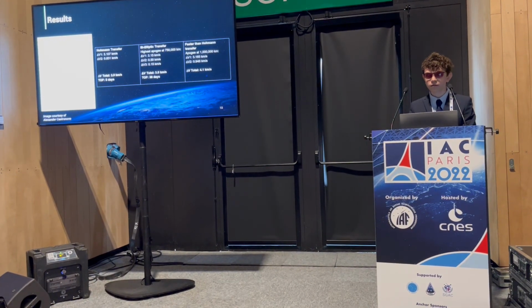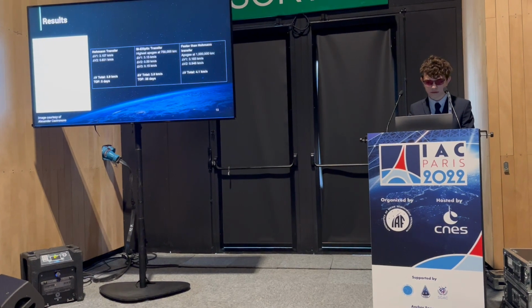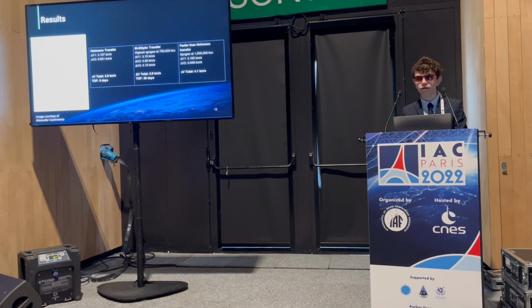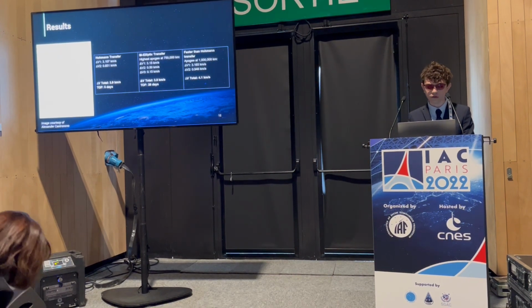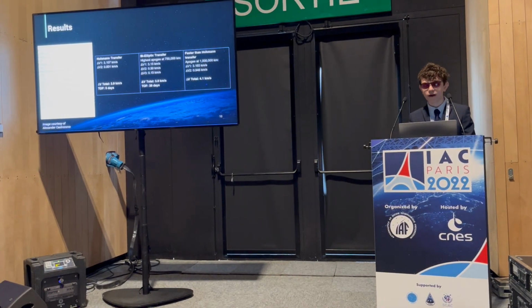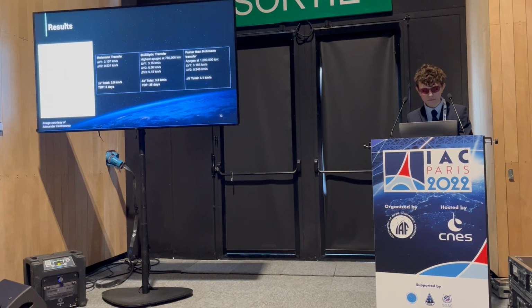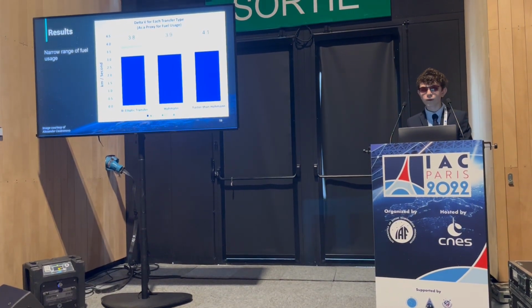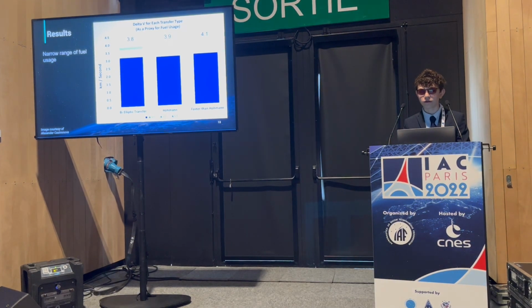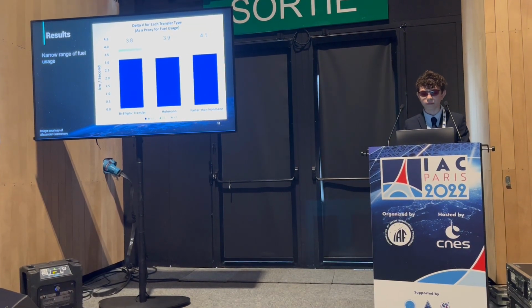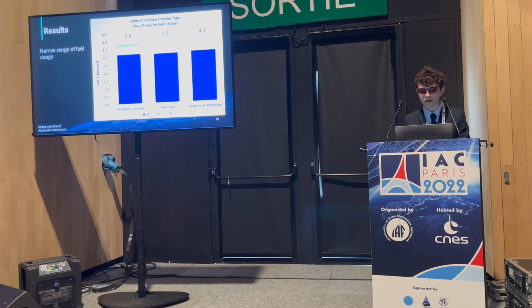Looking at the raw results here, we can see that the delta V, I use delta V as a proxy for fuel. Delta V is change in velocity, and TOF is abbreviated for time of flight. Looking at a much prettier representation of this data, we can see that the bi-elliptic transfer, unsurprisingly, uses the least amount of fuel with 3.8 kilometers per second.